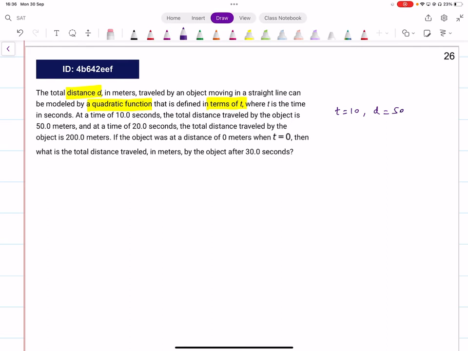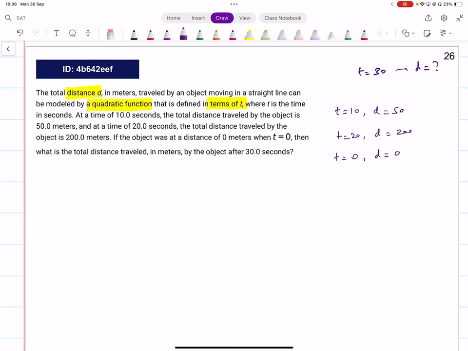That's one point that we're given. At time 20, distance equals 200. And at time 0, distance is 0. What's the total distance traveled by the object after 30 seconds? This is the information that we're given.